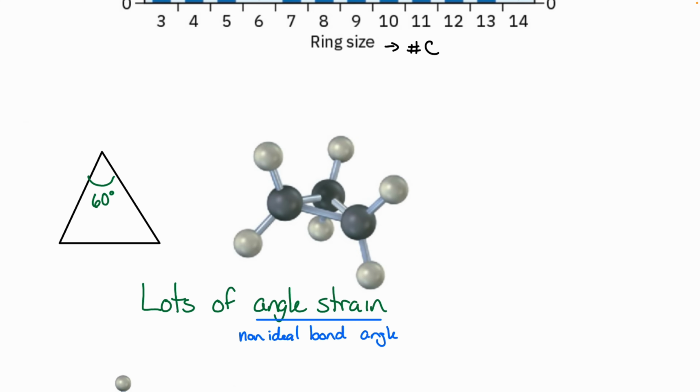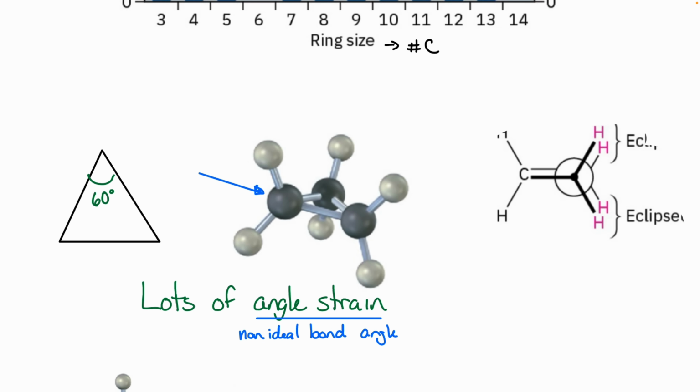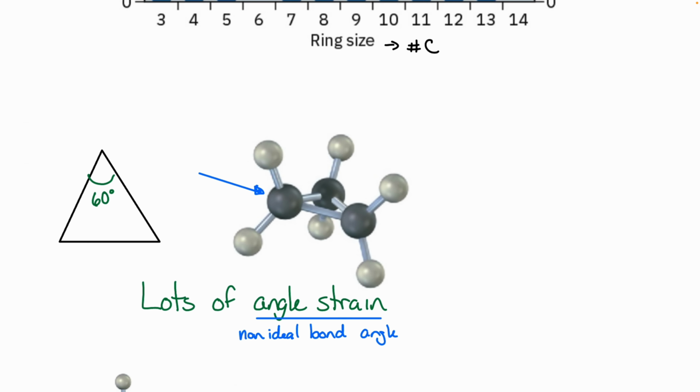All right, so not only that, but now we're going to do our Newman projection here. We're going to look down one of these carbon-carbon bonds. We can see that our bonds are parallel to one another. What did we call that with our Newman projections?